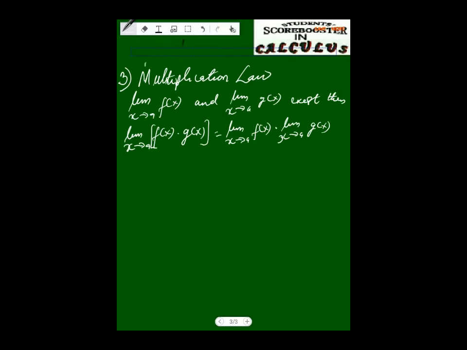So if you multiply two functions that exist and you find the limit, it's the same as finding the limit of each individual function and then multiplying them.